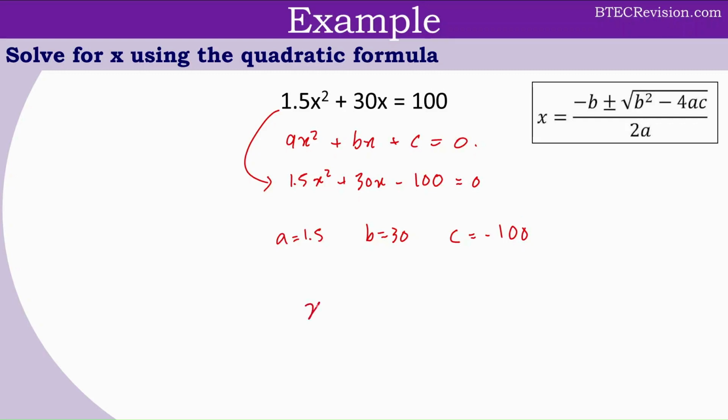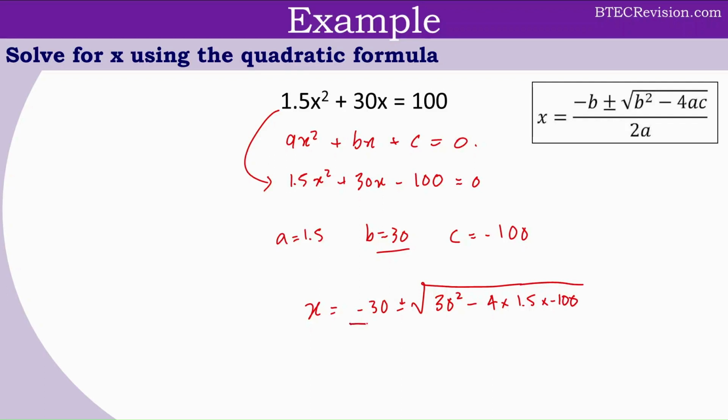Now, using the formula, x is equal to minus b, which is 30, so that's negative 30, plus or minus the square root of b squared. B is 30 squared, take away 4 times a, which is 1.5, times c, which is negative 100.